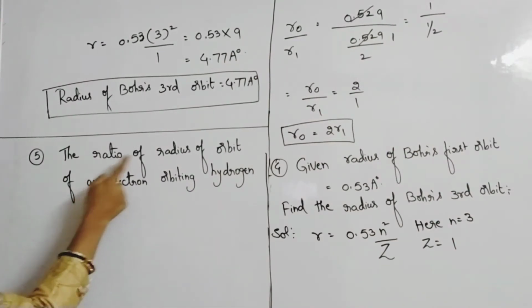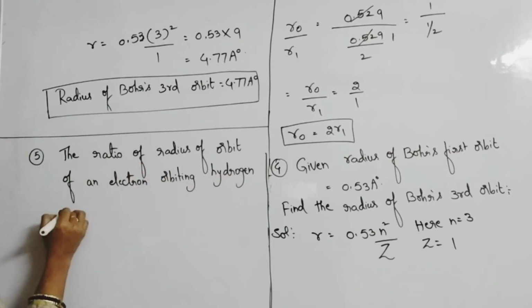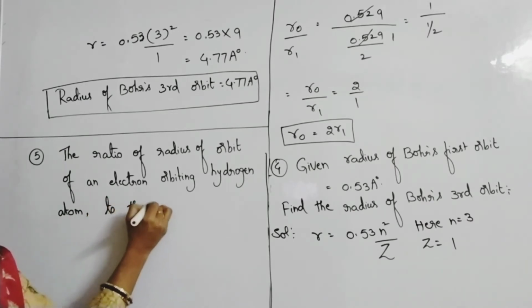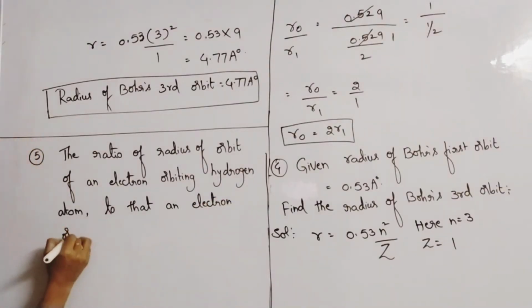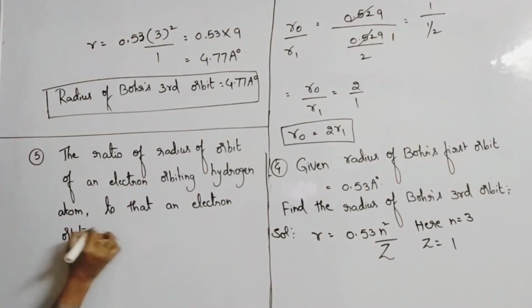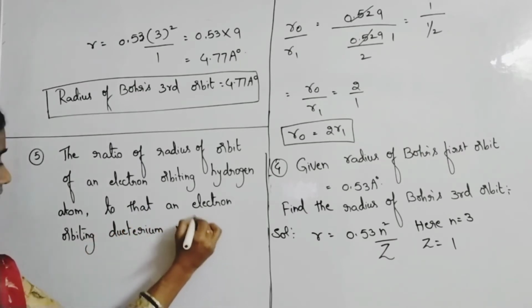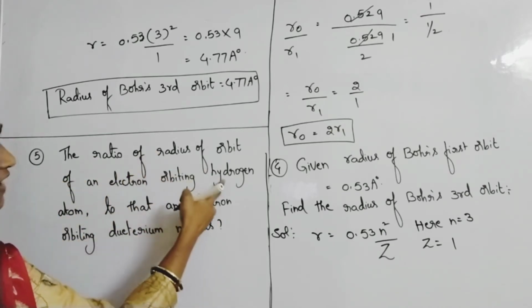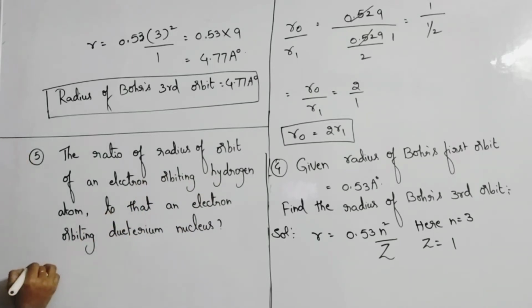You have to find the ratio between what? The radius of an electron orbiting the hydrogen atom to that of an electron orbiting the deuterium nucleus. This is your question. So you have to find the ratio of the radius of hydrogen's orbit and the radius of deuterium's orbit.